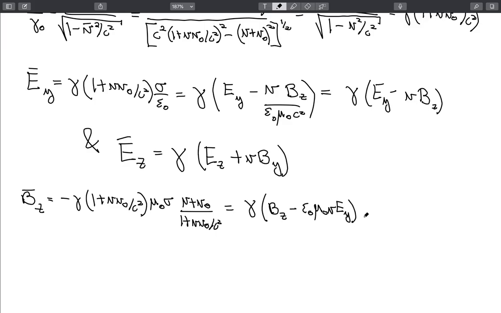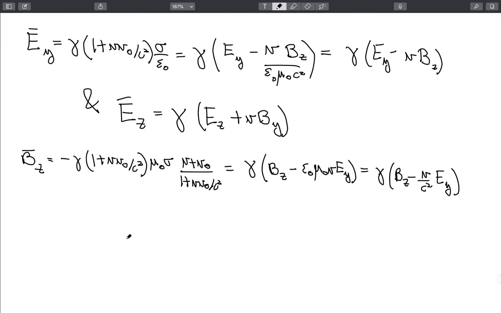Where again I've substituted for sigma with this and for v0 from the B. So this term, the v0 gamma gives the B, and then the other term coming from this gives the Ey. Okay, and this is just gamma times Bz minus v over c squared Ey.